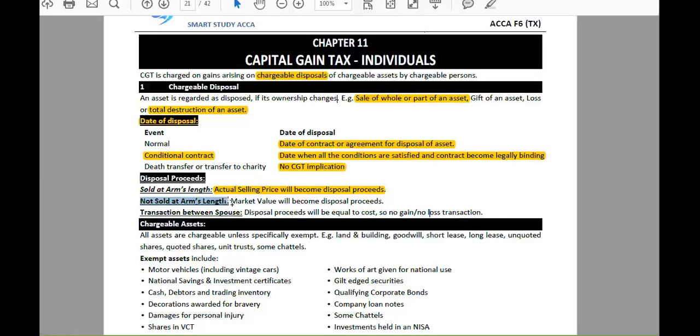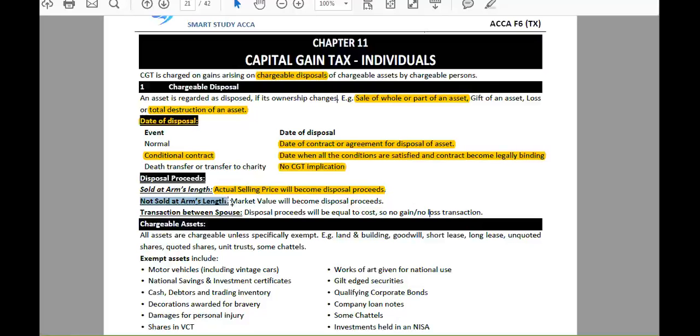Normally, whenever the term gift is used, we think of transferring an asset without receiving any consideration, free of cost. Students, please remember, if you have transferred an asset without receiving any consideration, it is a gift. But if you have sold an asset below the market value, it is also an example of a gift.